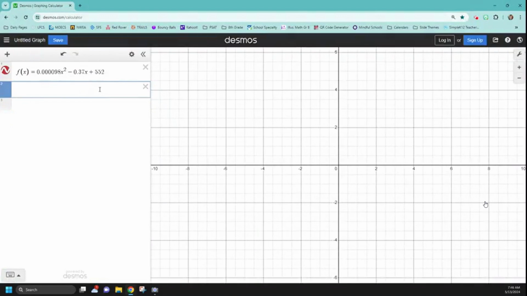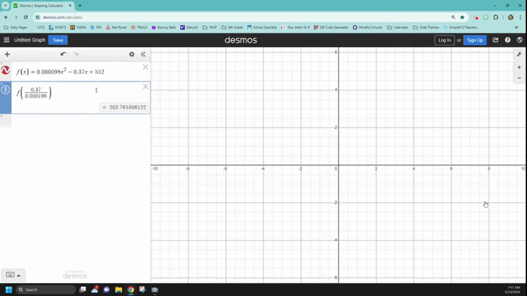So now I'm going to show you, if you take that x value that we just found, okay, so we have f of, now I'm going to do my fraction, 0.37 over 0.000196. And then I'm going to close my parentheses.